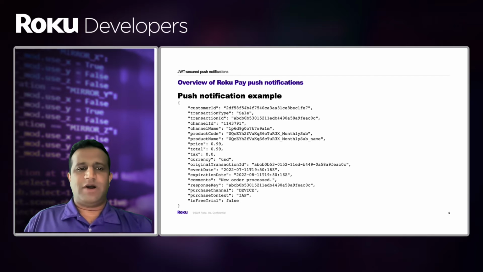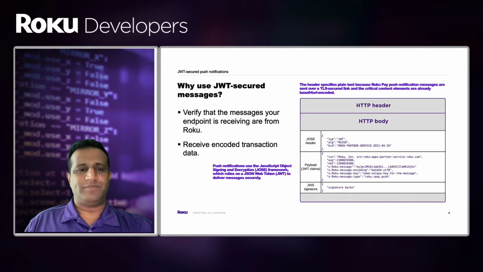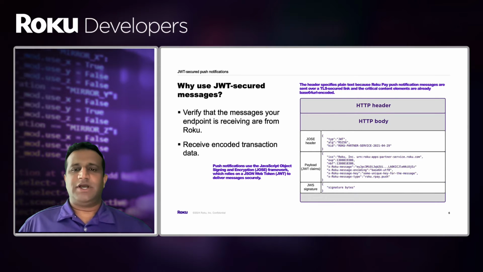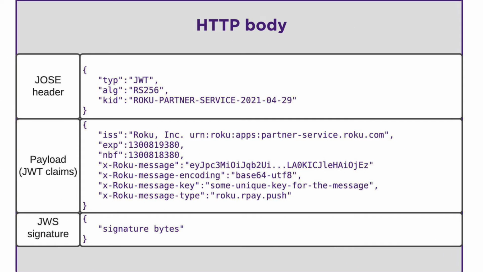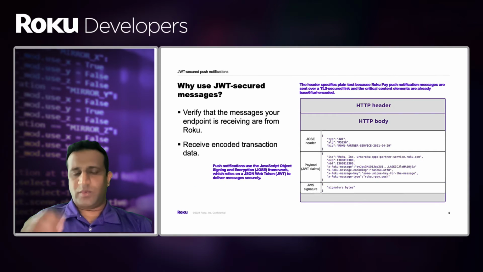So now let's talk about JWT. You are probably all aware of JWT, and there are three major elements that we include in a JWT token: your header, the body, or what we call the payload, and the signature.